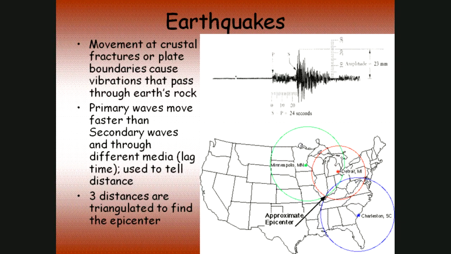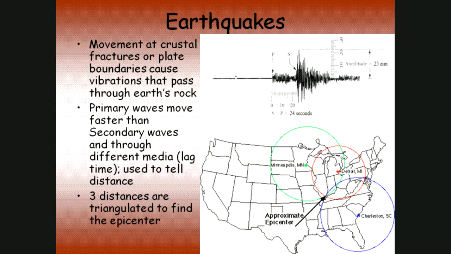Now, if you add a second station, like the one in Detroit, what happens? Well, those two circles intersect in two places. We just cut the possibilities from thousands to two. But which one is it?